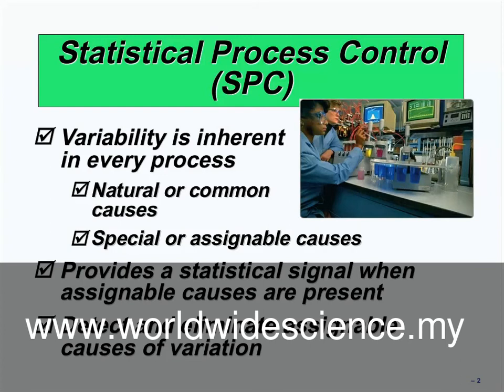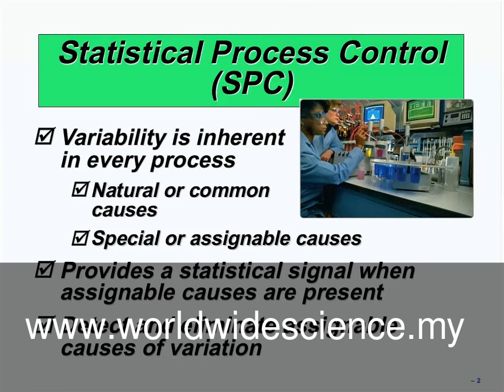So let's have a review of the last chapter, statistical process control. If you remember, I told you statistical process control refers to methods which help the operation manager to see whether the process is under control or not. What does it mean?